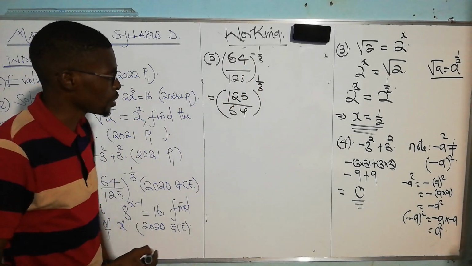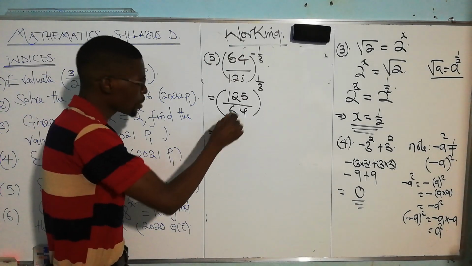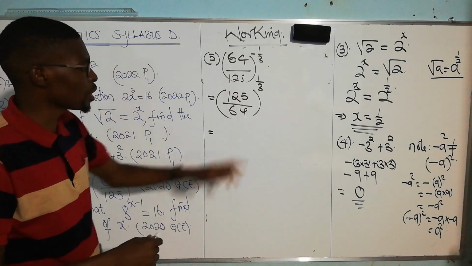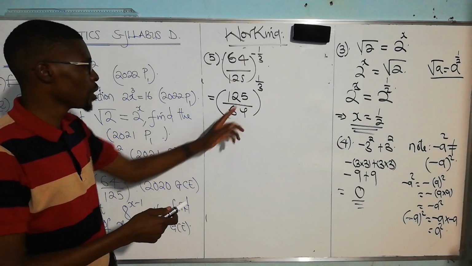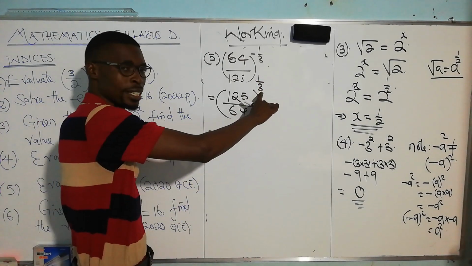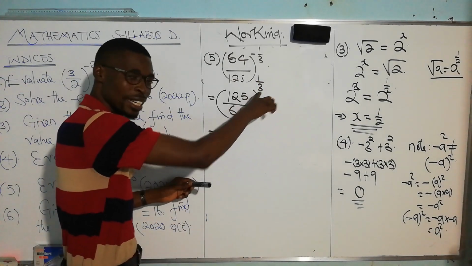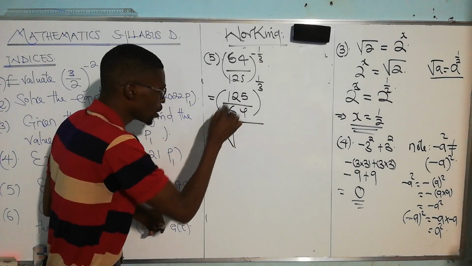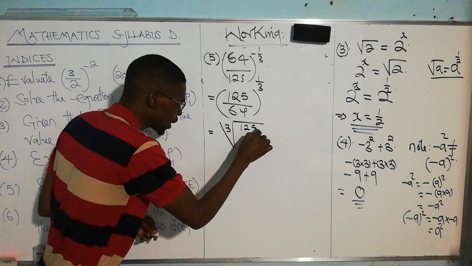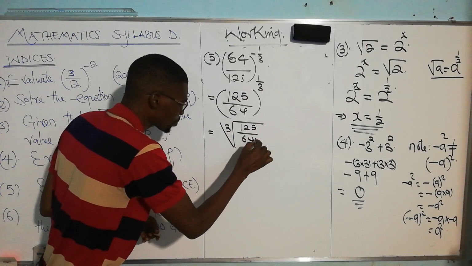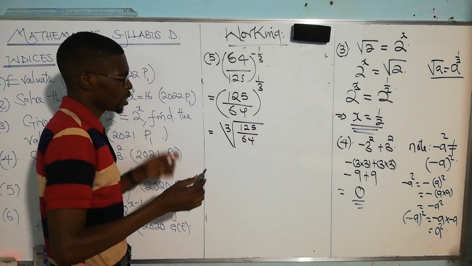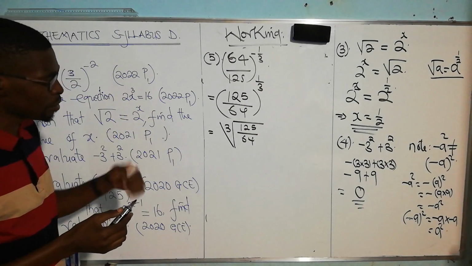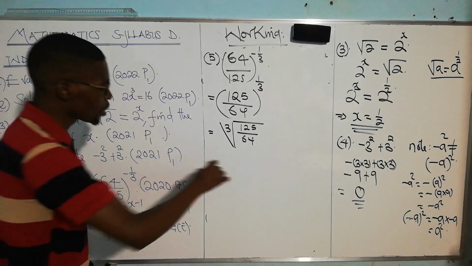It will remain positive. Then now we get back to the other rule of indices that tells us that when you have a fractional index, the denominator is the root. So this will mean cube root of 125 over 64. Okay, cube root of 125 over 64 to the power what?